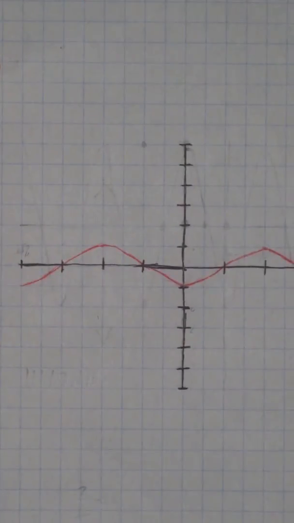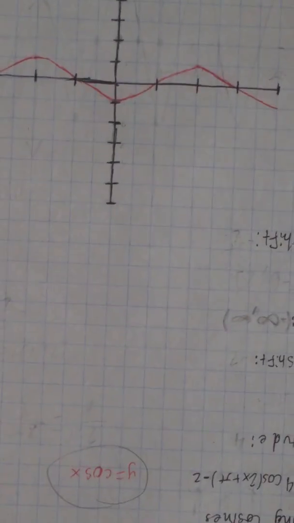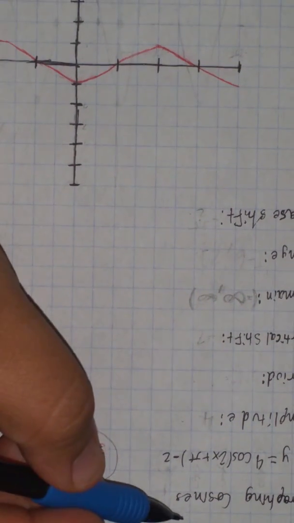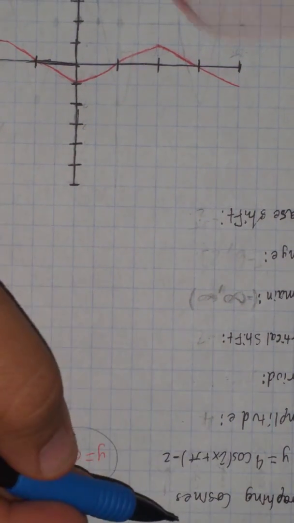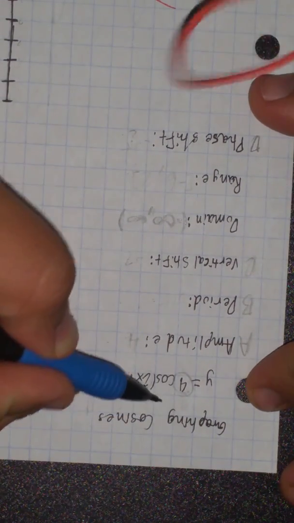That's how it would look if the graph looked like mine, at least to the scale I used. Anyway, back to this. So the amplitude, based off of this one, would be the 4.